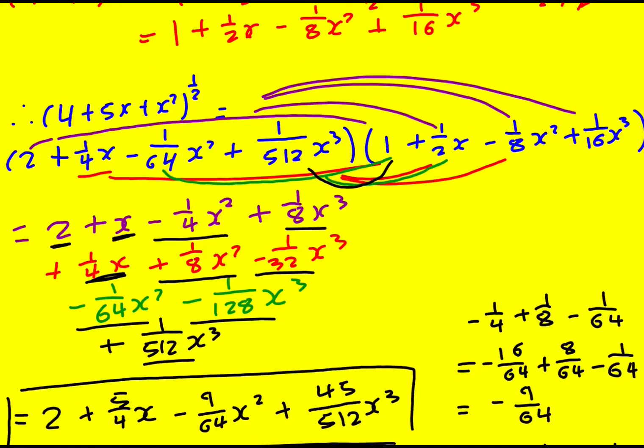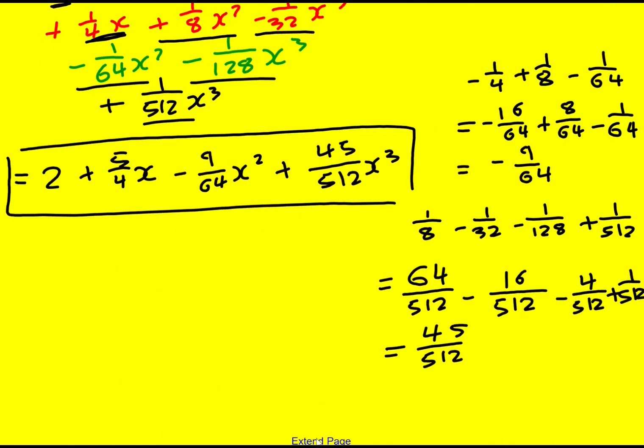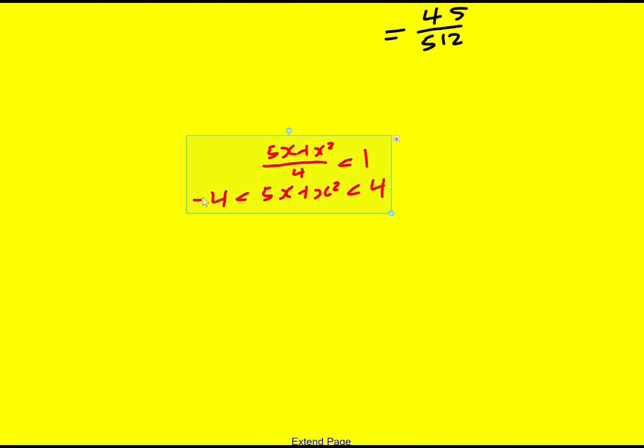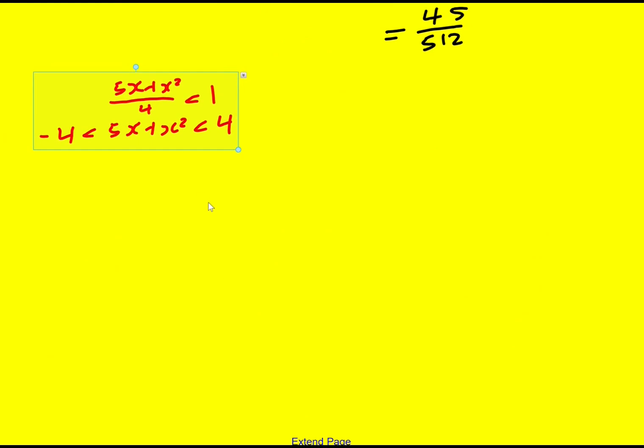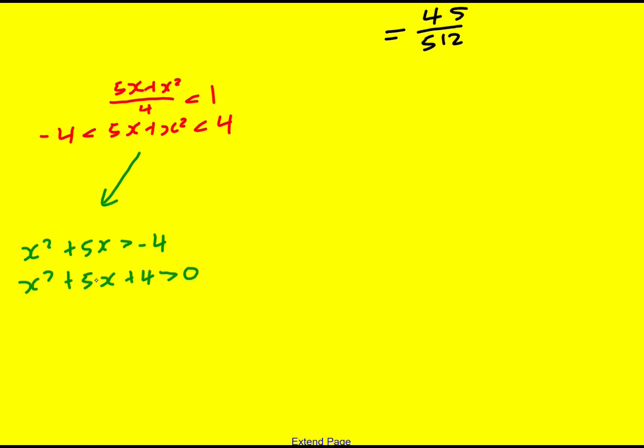Just find a bit more space down here. Okay, I'm actually going to separate it into two different parts. So first up, let's look at the lower end. So if x squared plus 5x is greater than minus 4, then x squared plus 5x plus 4 will be greater than 0.